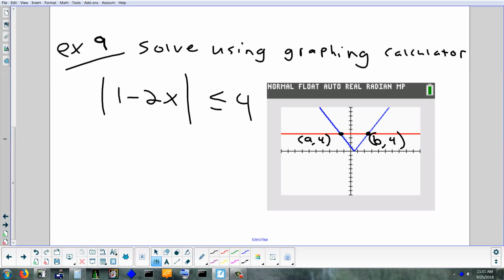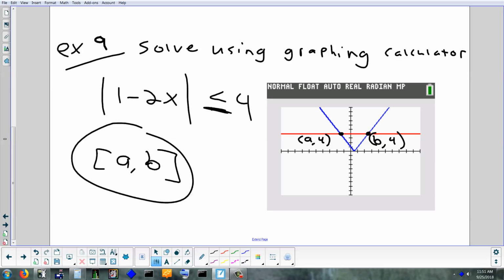And then if you want to find all the values where the graph in blue is under the graph in red, would it be all values between A and B or all values outside of A and B? Which way would this one be? Yeah, Chris? Inside. Yeah, between them. Yep. And we can include A and B because of that symbol right there.